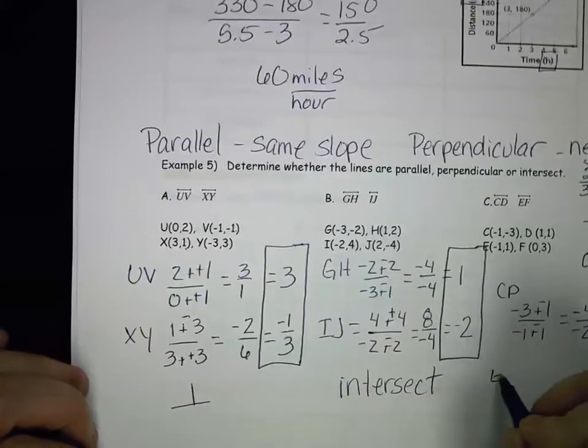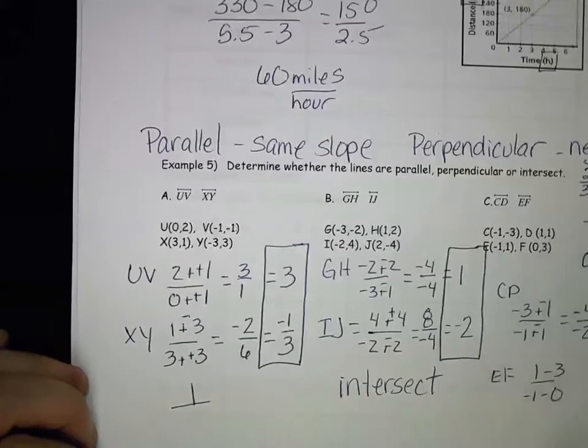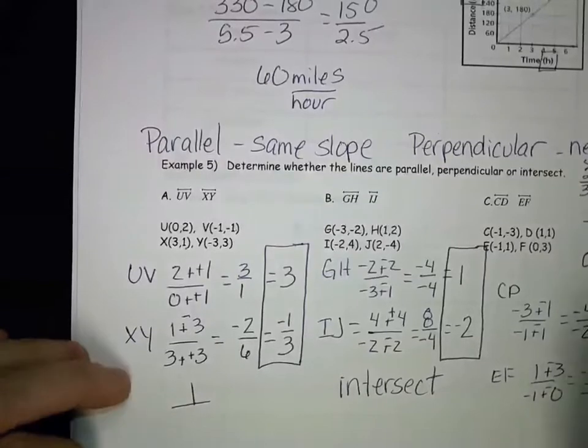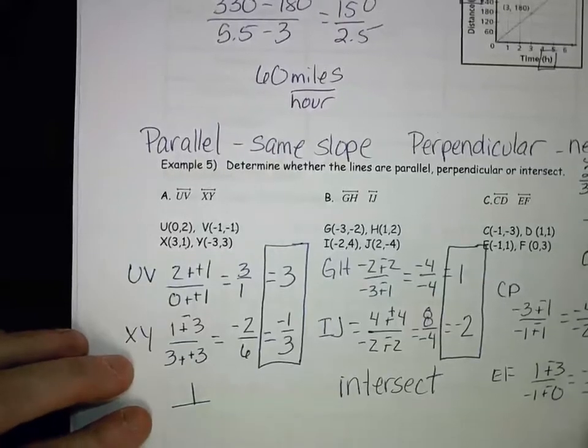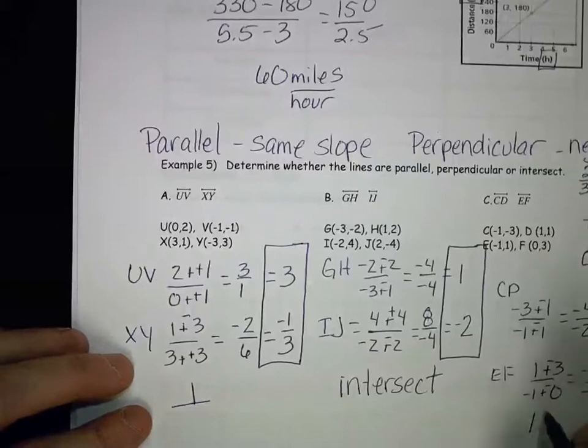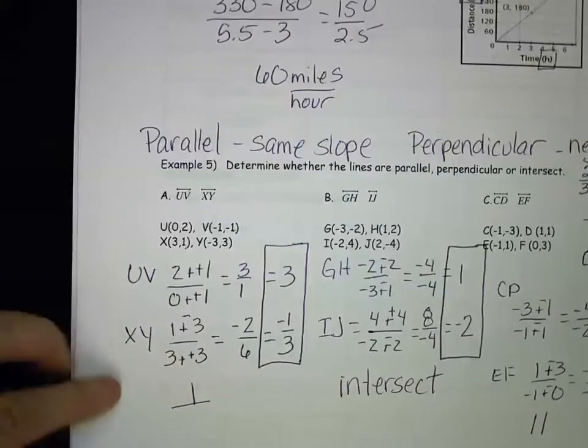And line EF, 1 minus 3 over -1 minus 0. And that becomes a -2 over a -1, which is 2. So those have the same slope, so those lines are parallel.